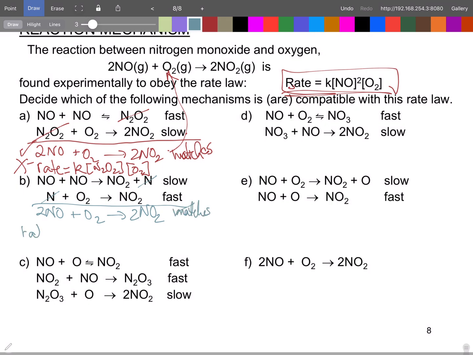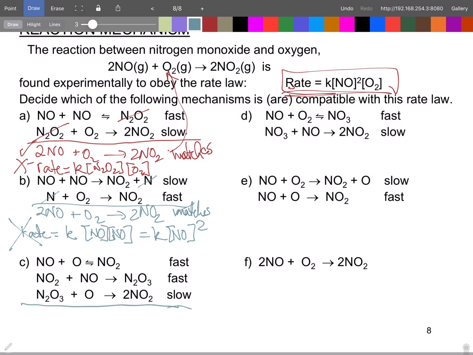But our rate will be equal to k times NO times NO. And remember, we can write that as k times NO squared. Okay, so we look at it and go, oh, wait, that may work because the rate law is NO squared times O2. But wait a minute. We don't have any O2. So that means that doesn't work. So we're going to keep going.